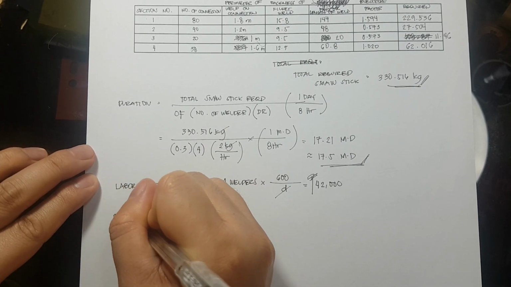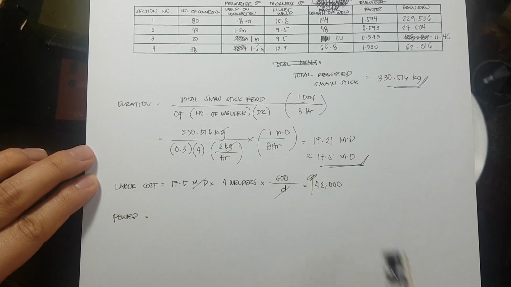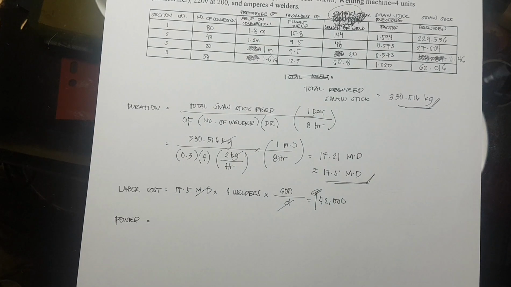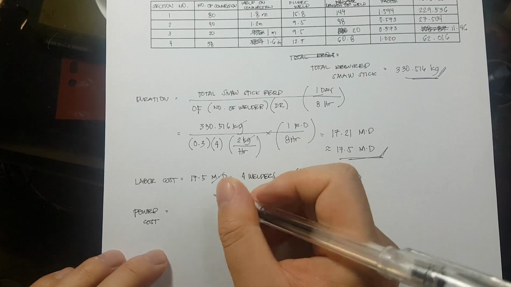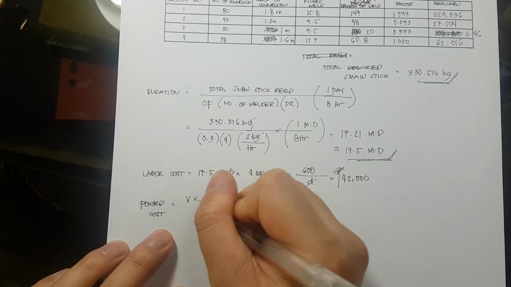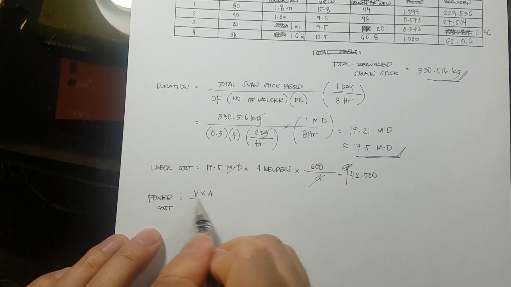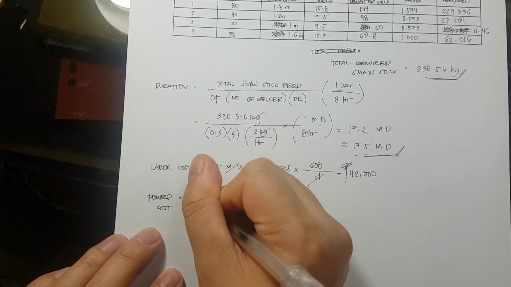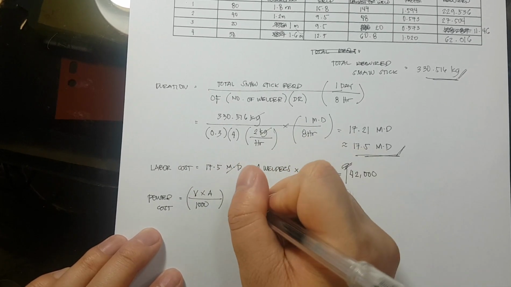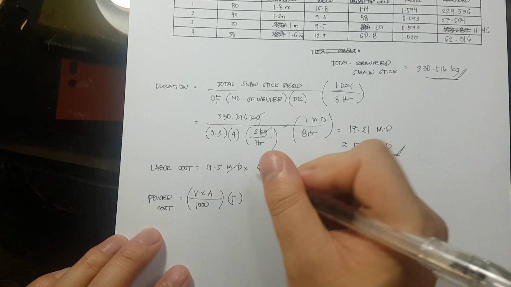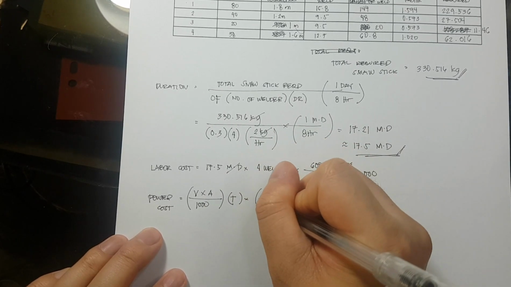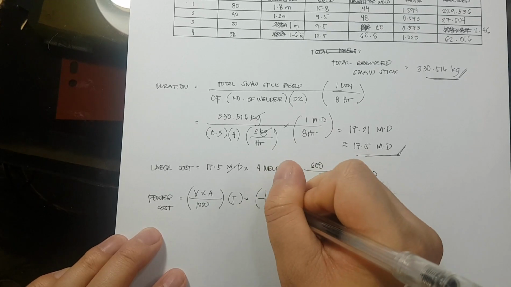Now the power cost is given by the formula. This is also given in your module. It is equivalent to the voltage times the ampere divided by 1,000 times the T. What is T? It is the welding time in hours times 1 over N. So ano yung N natin dito?